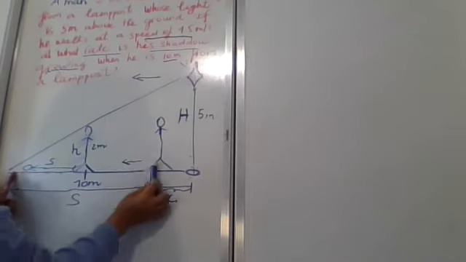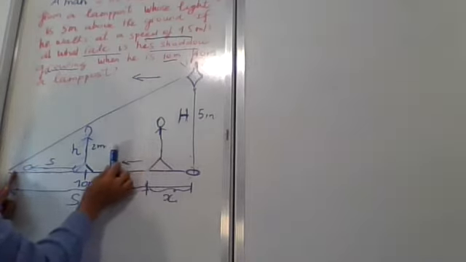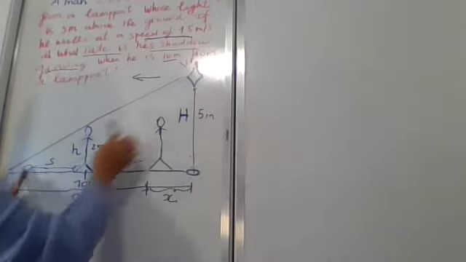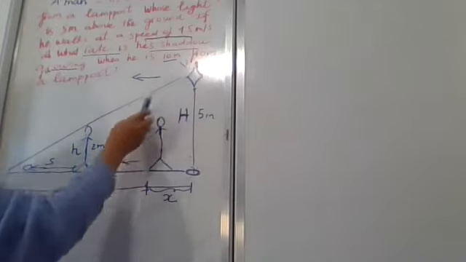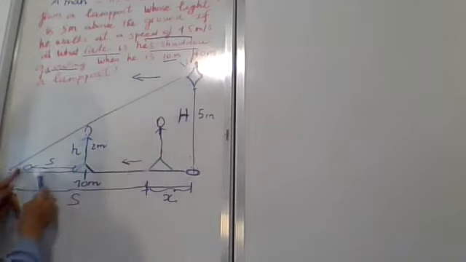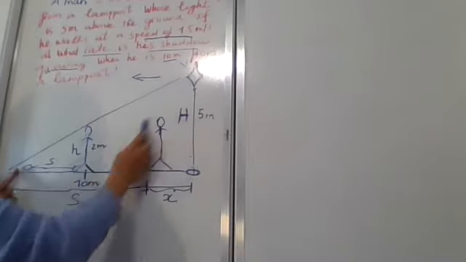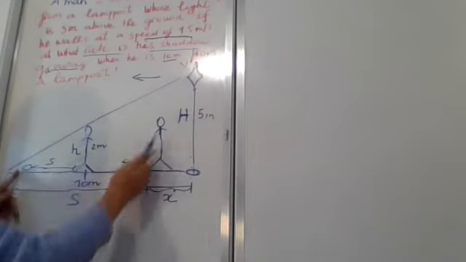As he walks far away, the distance between the light and him changes too. So this is the small triangle. If he walks up to here, then we get a big triangle.